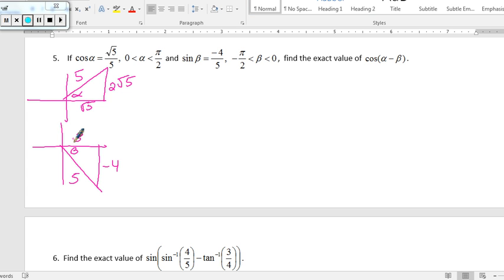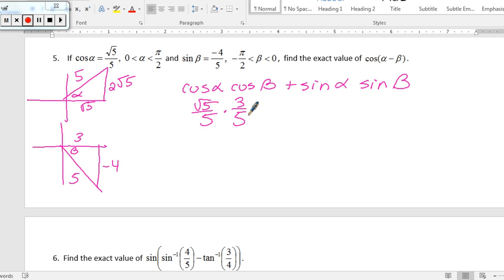Alright, so I'm looking for the cosine of alpha, I'm putting into the formula, times the cosine of beta, plus the sine of alpha, times the sine of beta. Alright, so if I'm looking for the cosine alpha, we were told that, that's the square root of 5 over 5. The cosine of beta would be 3 over 5 coming from our second triangle there. The sine of alpha is going to be 2 square roots of 5 over 5.